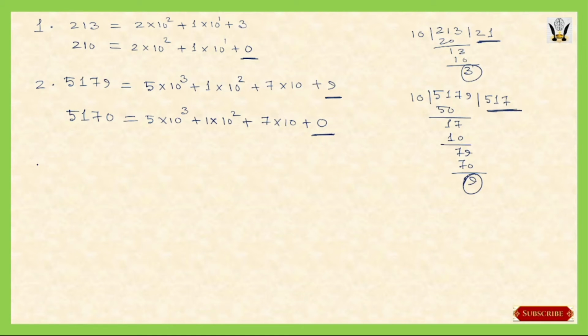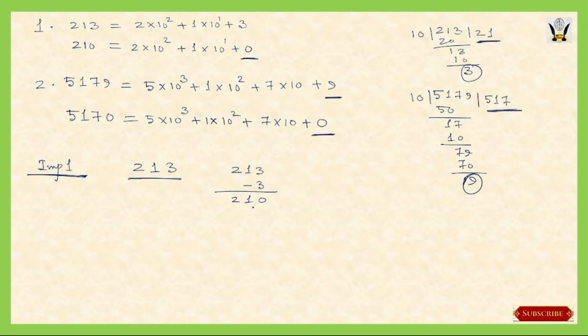Now here is one important point we can notice. If we take any number, for example the first number 213, and the units place is not 0, then if from that number we subtract the digit at the units place, that number will always be divisible by 10.